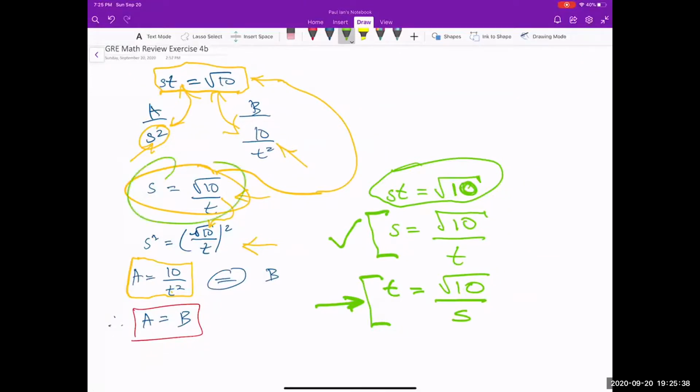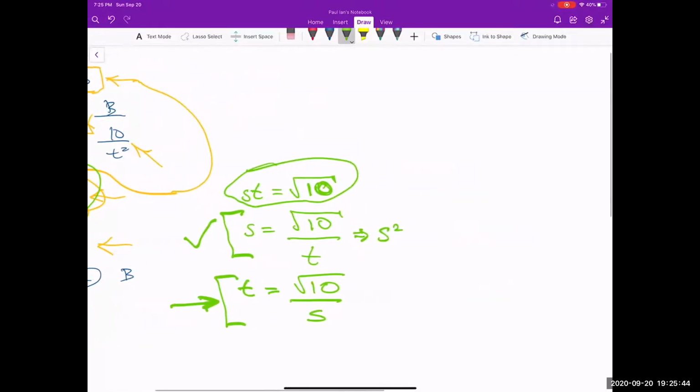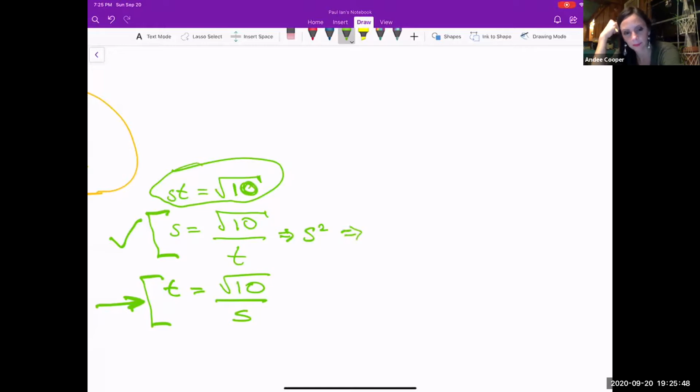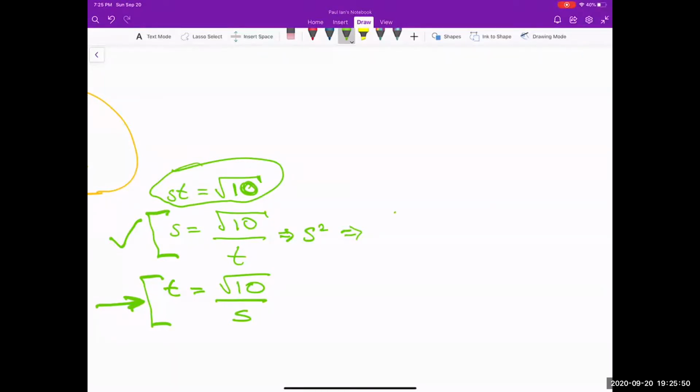Are you doing this one? So S squared, right? I'm gonna scroll over. So I'm gonna take what I manipulated from the prompt and plug in what S is, and then I'm gonna square it because that's what A is. A is S squared.